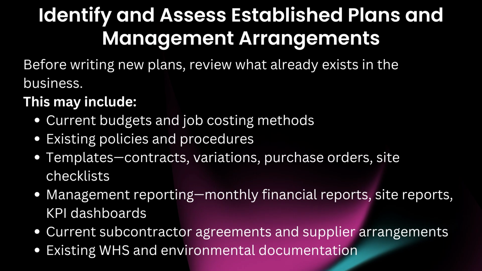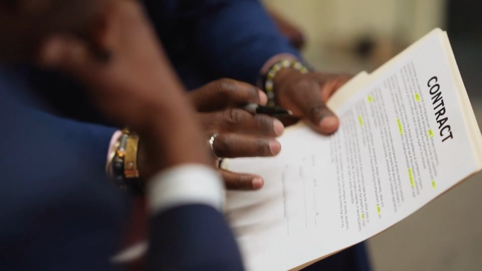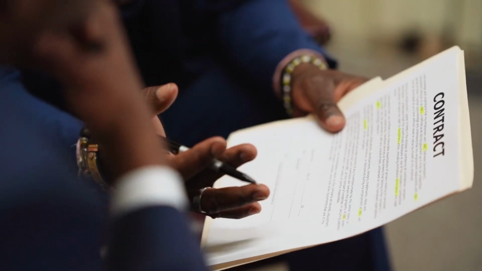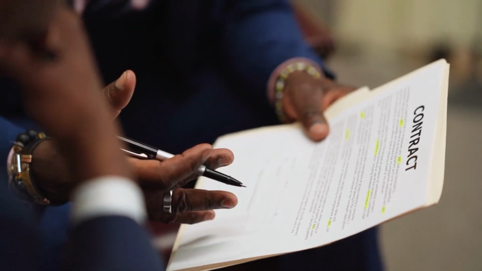Identify and assess established plans and management arrangements. Before writing new plans, review what already exists in the business. This may include current budgets and job costing methods, existing policies and procedures, templates, contracts, variations, purchase orders, site checklists, management reporting, monthly financial reports, site reports, KPI dashboards, current subcontractor agreements and supplier arrangements, existing WHS and environmental documentation.